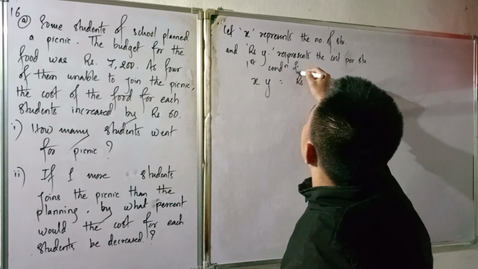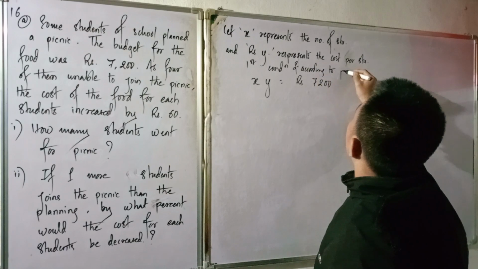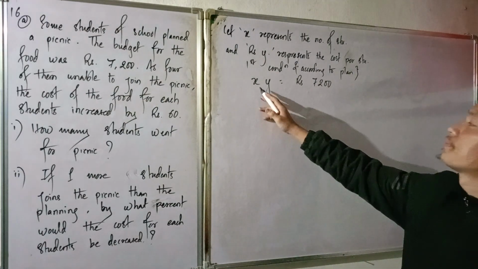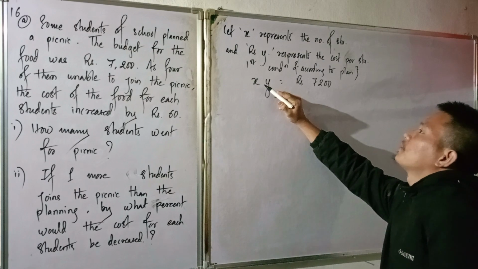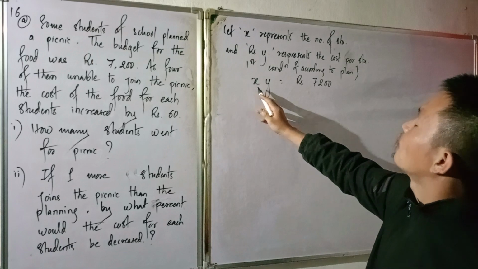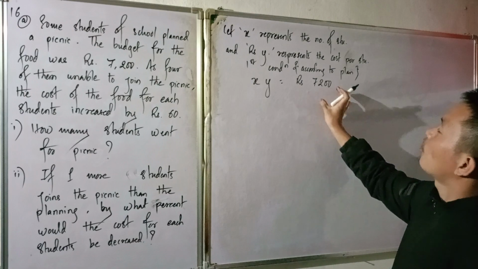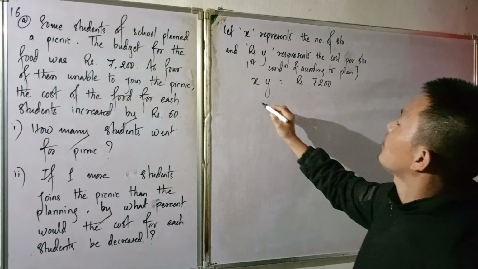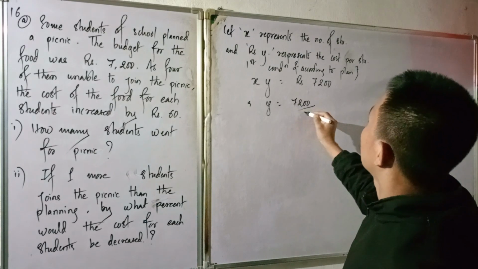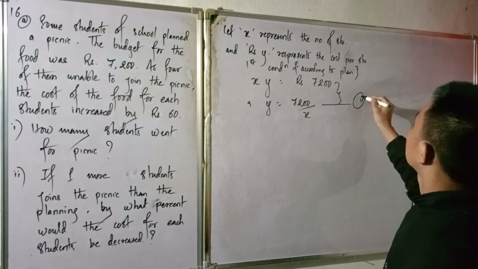Okay, that was according to plan. So X represents the number of students and Y represents the cost per student. So their food cost was X times Y, that is equal to 7200. Or you can also write this as Y equals 7200 divided by X. You can call this equation 1.